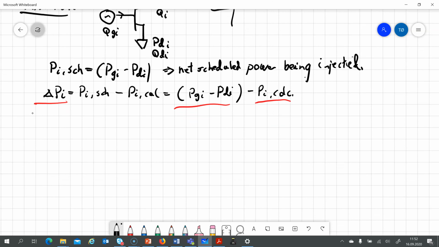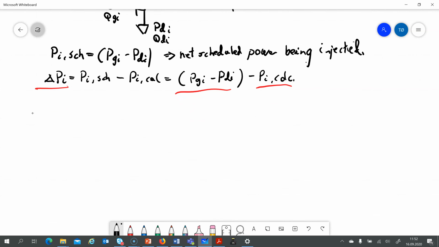Another thing we are calculating is, of course, the real power loss.